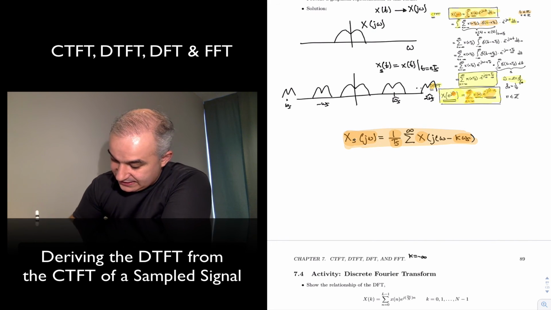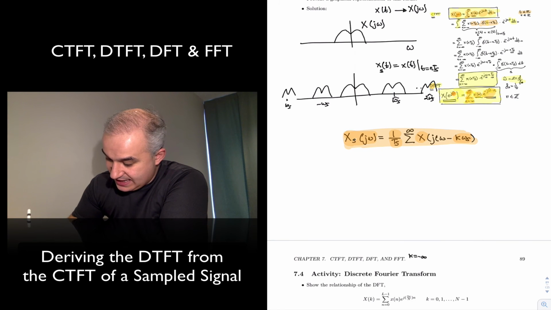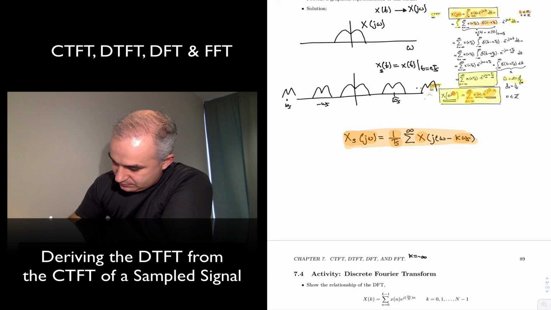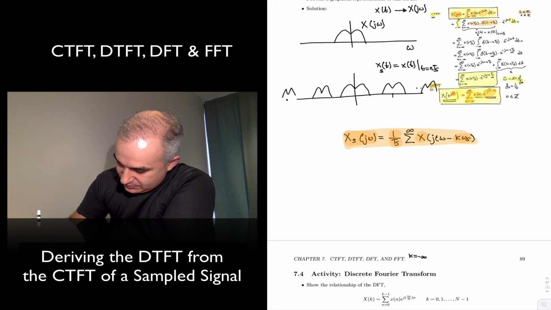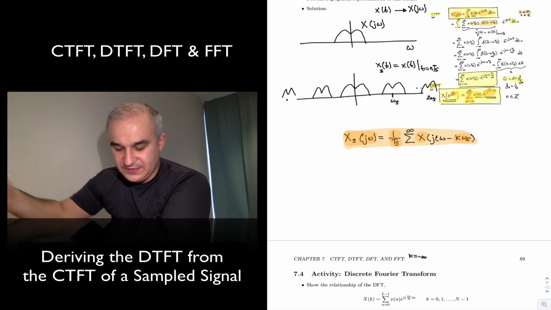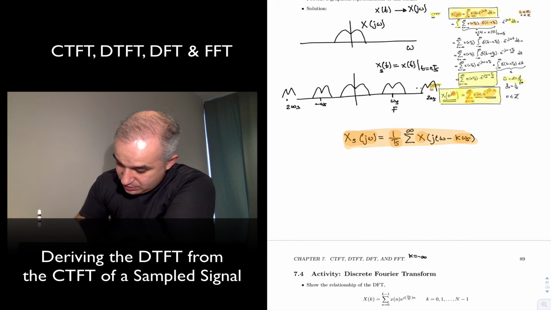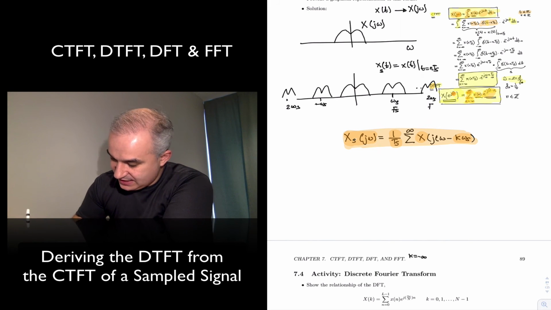Or you can say that if you are doing this at omega hat, sorry, this is omega hat, you can say this is the sampling frequency, twice the sampling frequency, 3 times the sampling frequency, minus the sampling frequency, minus twice the sampling frequency, in radians or in hertz, the same.